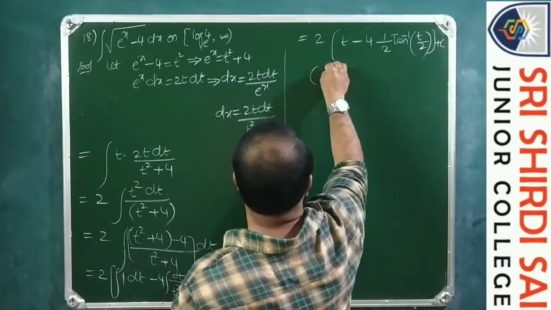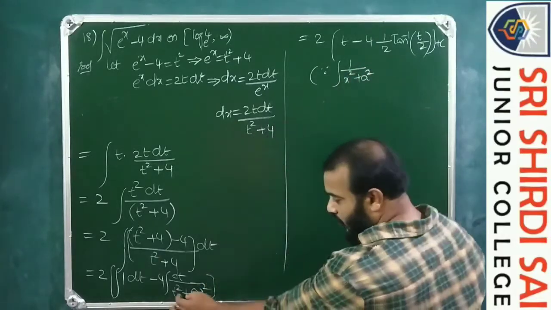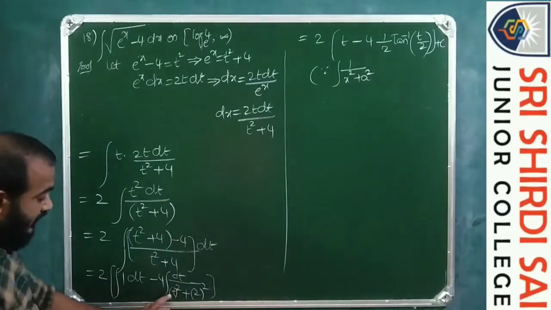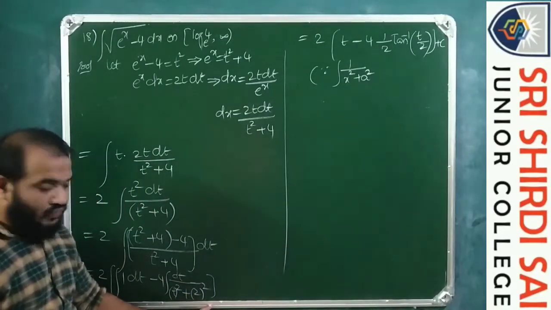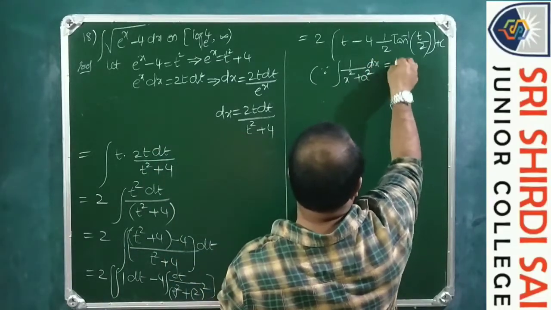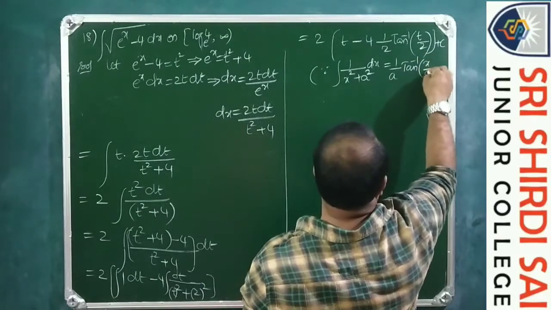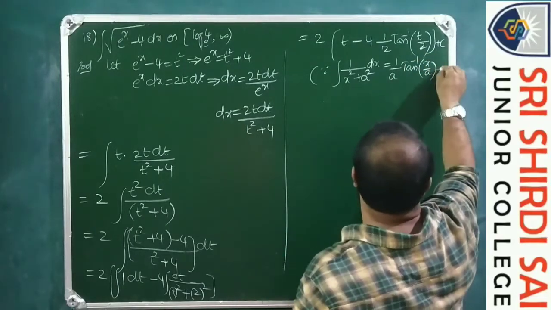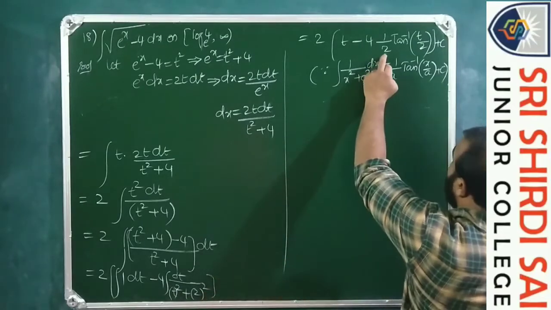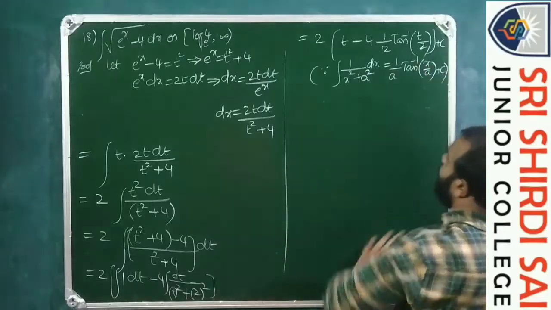Since it is of the form integral 1 by x square plus a square dx, t is considered to be x, and a here is 2. So 1 by 2 tan inverse of t by 2 plus c.